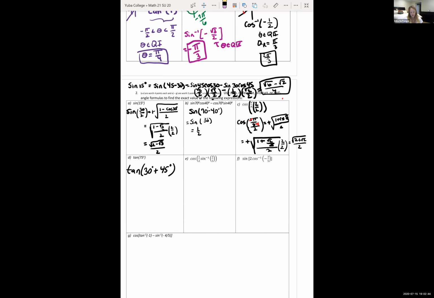So you have the formula: tangent of a sum of angles is tangent of the first, 30 degrees, plus tangent of the second, 45 degrees, all over 1 opposite sign, minus tan of the first, 30 degrees, times tan of the second, 45 degrees.